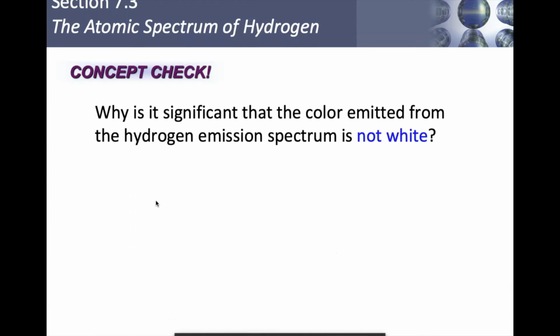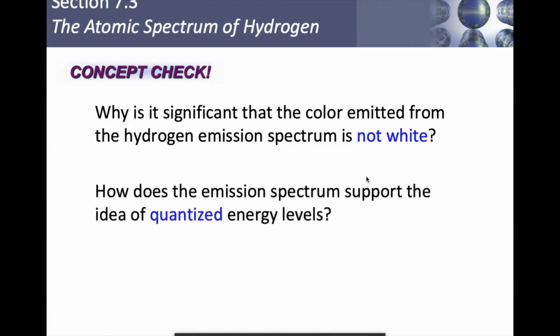So why is it significant that the color emitted from the hydrogen emission spectrum is not just white light? Classical physics would say that all elements should just kind of emit all of the colors of the rainbow, and we would see that as white.